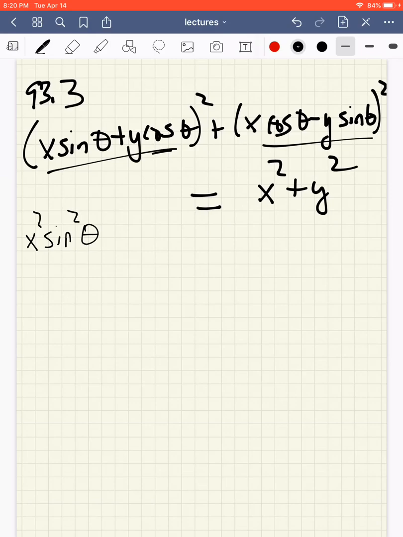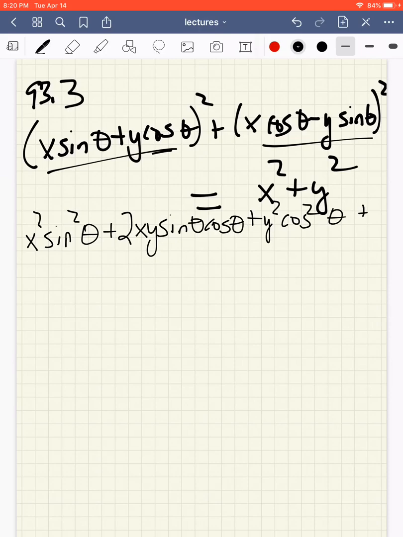Plus, outer will give us xy sine theta cosine theta, and the inner will give us the same, so it's going to be 2xy sine theta cosine theta, plus square this will be y squared cosine squared theta, plus, now we got to square this.